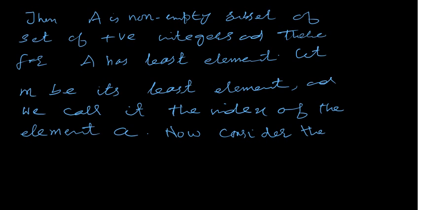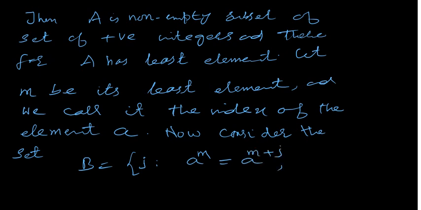Consider the set B, which is the set of j such that a power m is equal to a power m plus j. Now this one will vary. This j is obviously greater than or equal to 1.